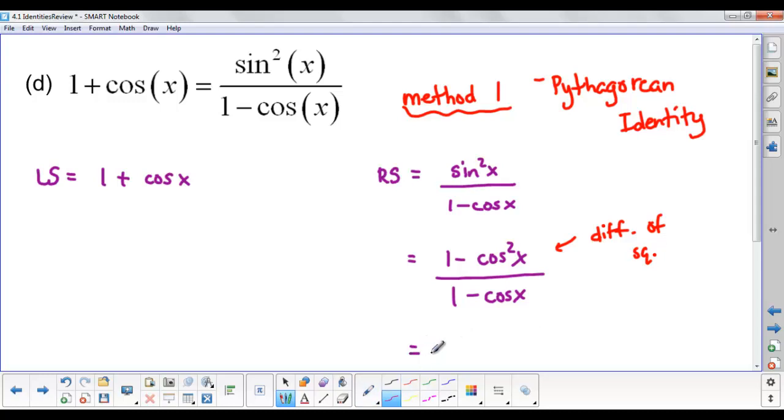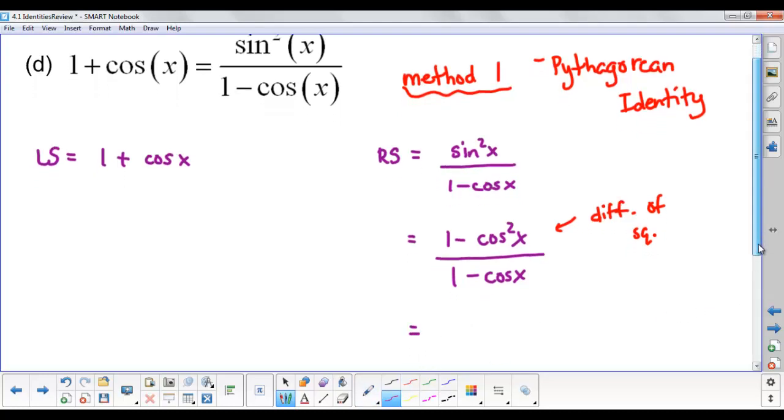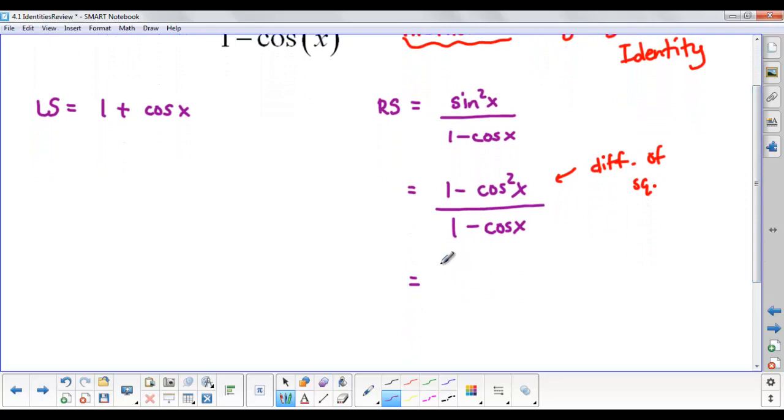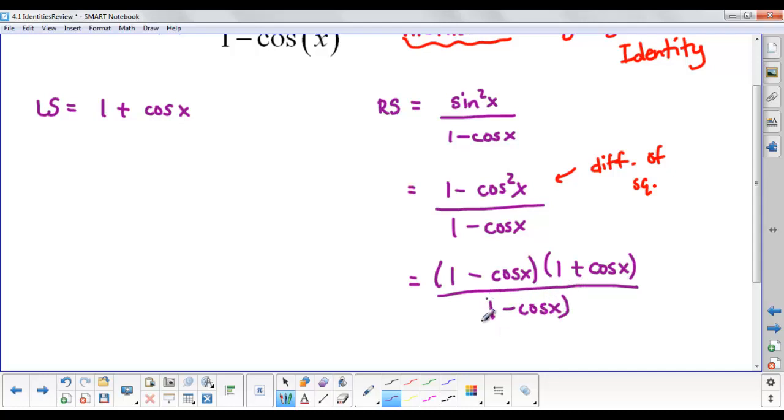So we are going to square root each term. So square root of 1, square root of cos squared. One bracket gets a minus sign, and then one bracket gets a plus sign. And this is still all over 1 minus cos x.